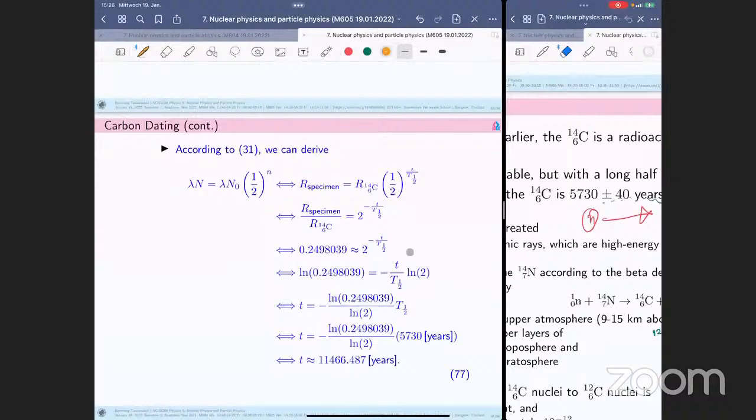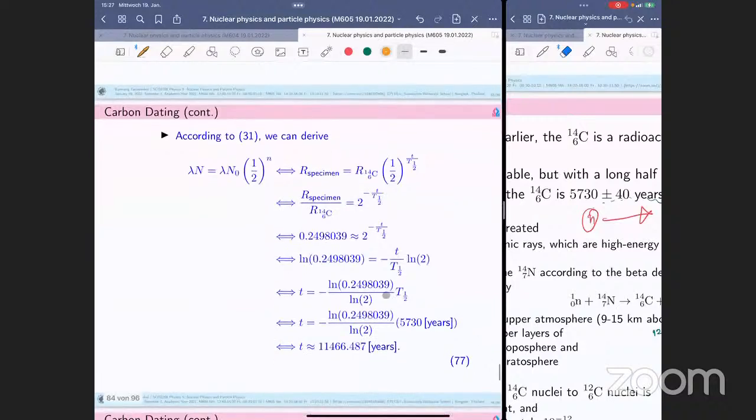We want to find the time, how long the specimen has been gone, passed away. We take the logarithm and we get t over T half-life, and we solve this for small t. We move half-life to the left-hand side, we move log 2, and we move the negative. We get this one.